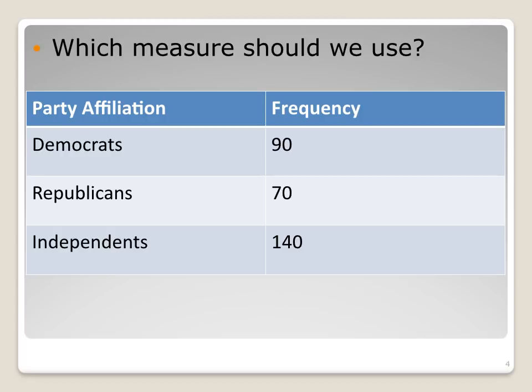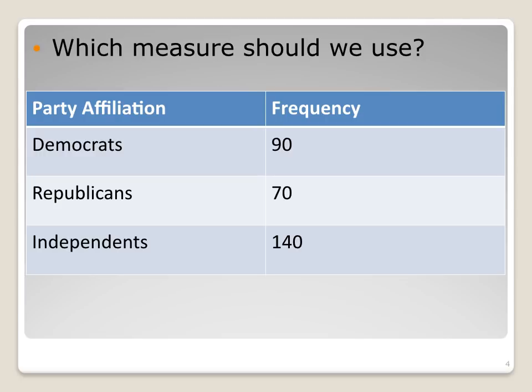So let's take a look at an example. Here's a table that displays the political party affiliation of 300 people. So this is a frequency table for party affiliation. If we use the mean, what would we really be able to conclude? That everyone is close to half Democrat? That doesn't really make sense.